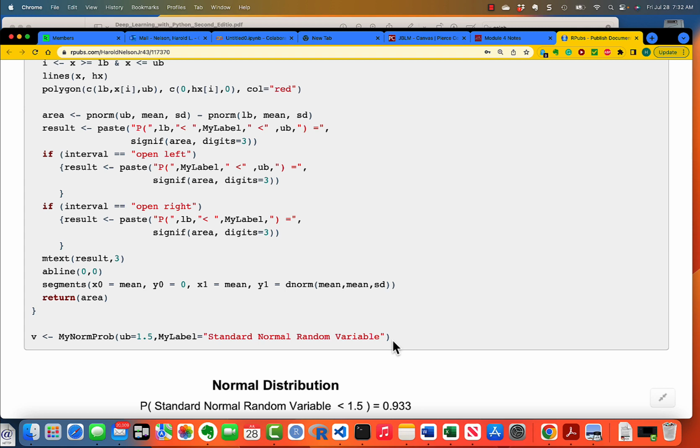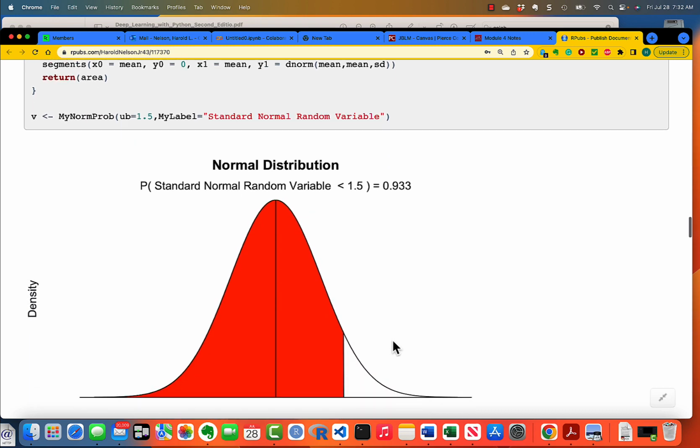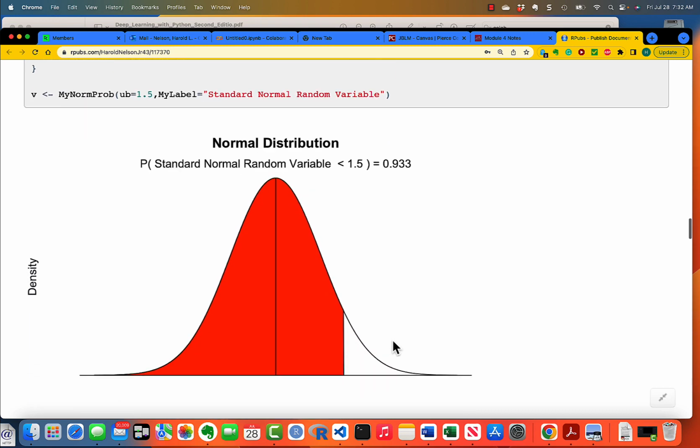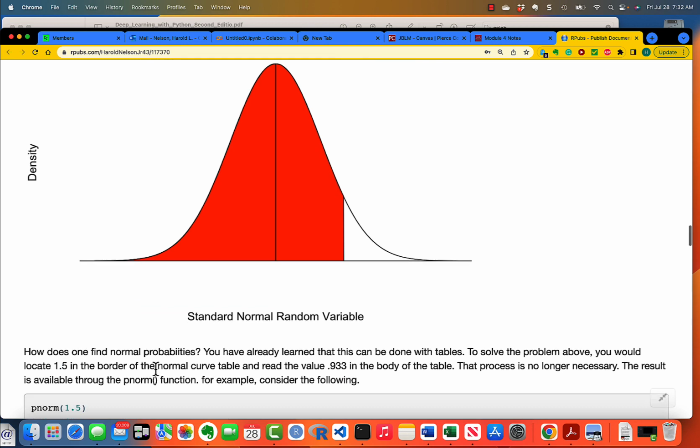So you're looking for the probability that your normal random variable, which is here because of the defaults, a mean 0, standard deviation 1, normal random variable. And this is what the little snippet of code produces for you. This would be the 0.1, 0.5, and you've got the area all the way back to the left. Okay? And you can change all of these parameters.